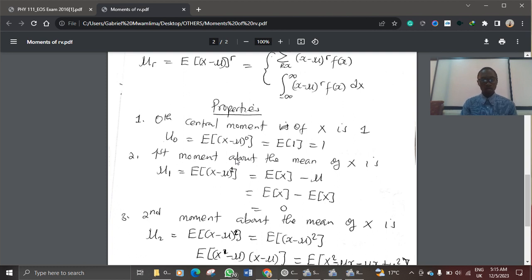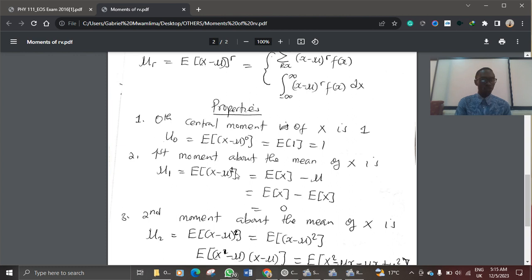If we have mu 0, it means r is equal to 0, so we have the expectation of (x minus mu) raised to the power 0. In the last video I said that any number raised to the power 0 is equal to 1. So here we have the expectation of 1, which is a constant, so it will be equal to the same value, that is 1.